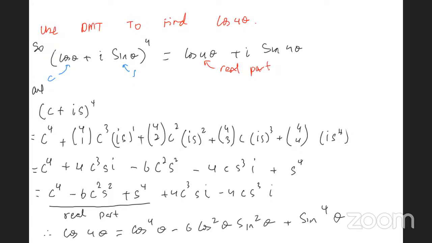So that last line there is your identity for cos 4 theta. Copy it down. Any questions?